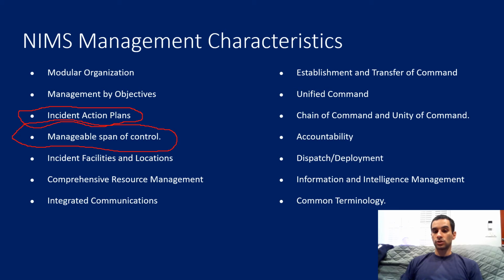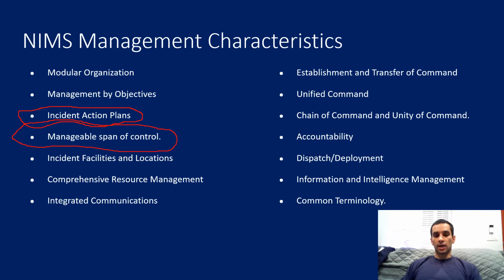In an ideal situation, the ideal span of control is 1 supervisor to 5 subordinates. The absolute max is 7. And beyond 7, it's too unwieldy and you can't put all your attention and keep track of everyone. So if the span of control is getting too unwieldy, you need to create subdivisions and subleaders to help offload that. And we'll see how that works in a little bit.